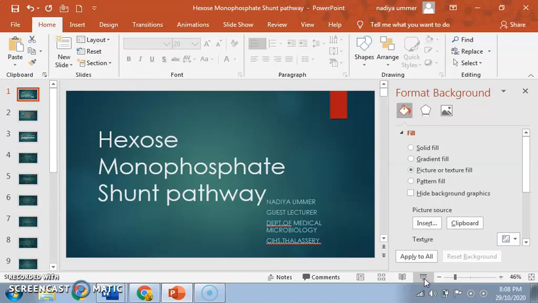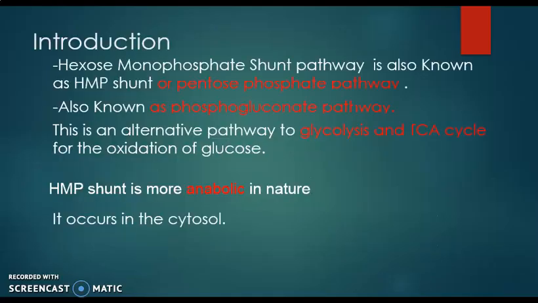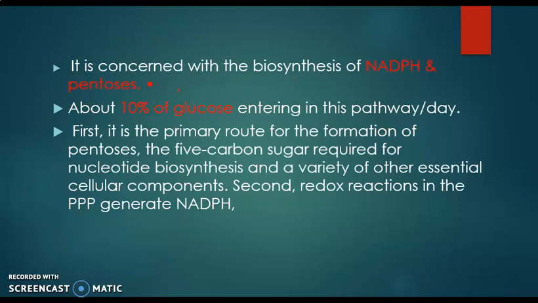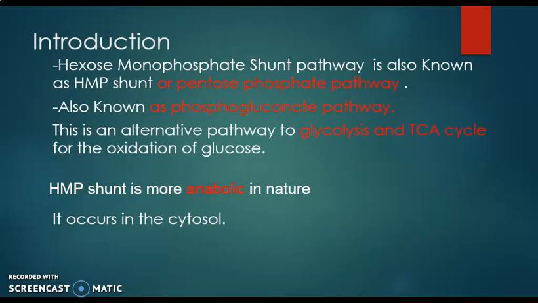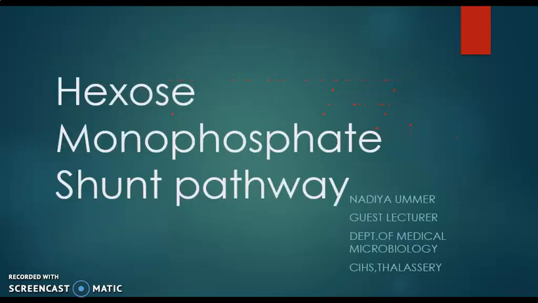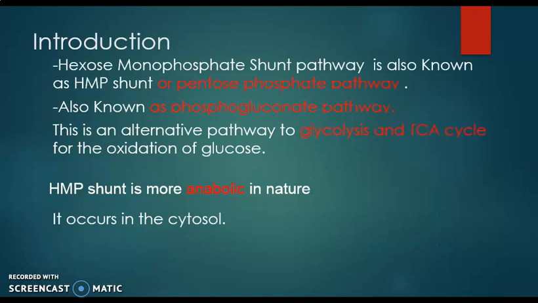So today we are going to discuss the other important pathway in the microbial metabolism of bacteria, that means the Hexose Monophosphate Shunt Pathway. This Hexose Monophosphate Shunt Pathway is also known as HMP shunt or pentose phosphate pathway.